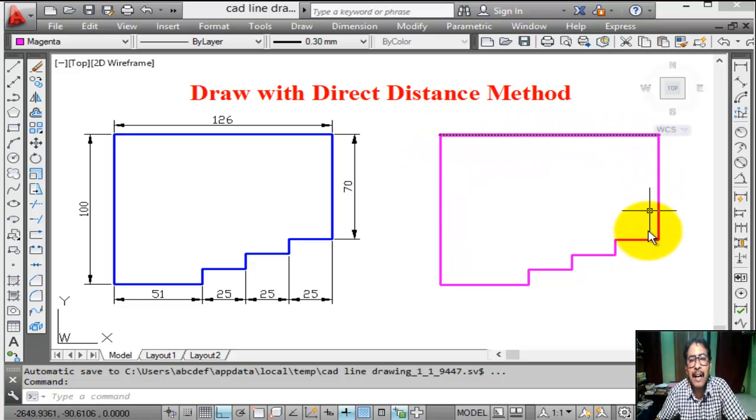This is the drawing by using the direct distance method. In the direct distance method, we turn on the ortho mode or function key F8. Okay.